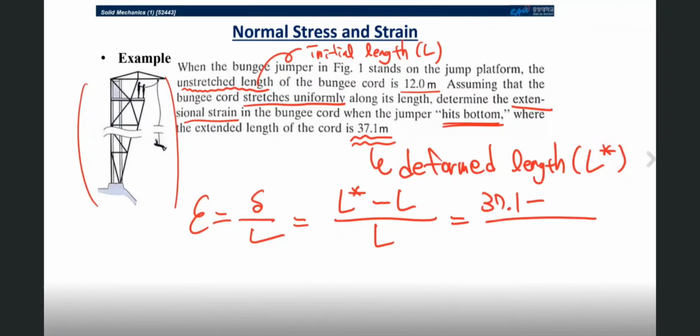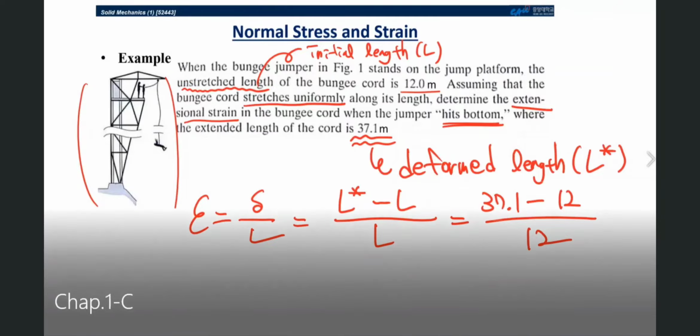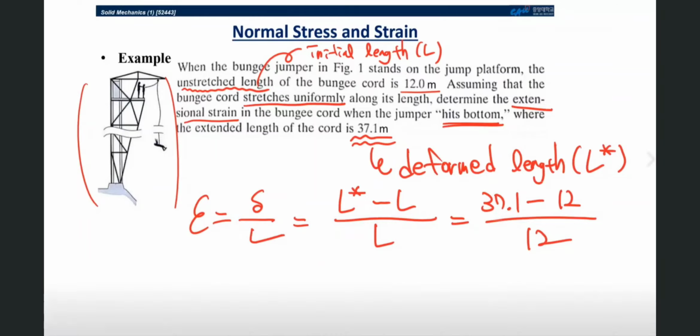37.1, and the initial length is 12 meters. It's divided by its original initial length, 12. Then we can identify that it is 2.09. And again, this strain is a dimensionless, unitless property.